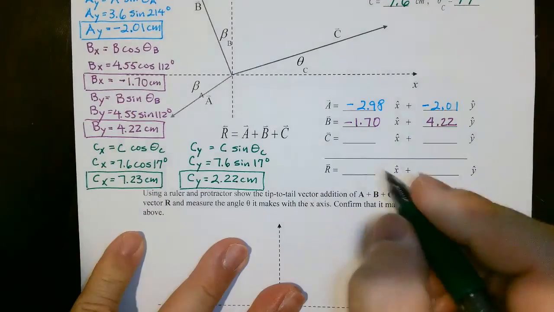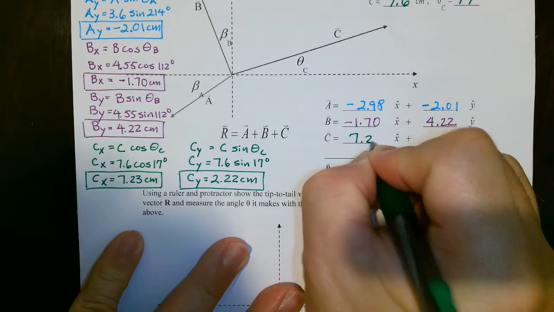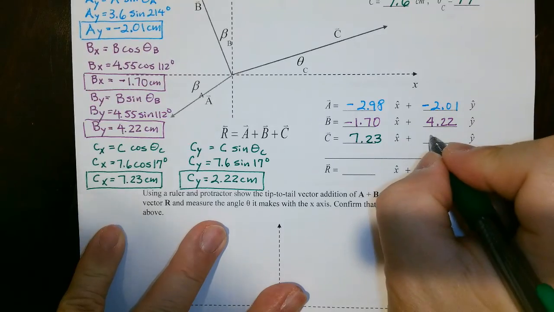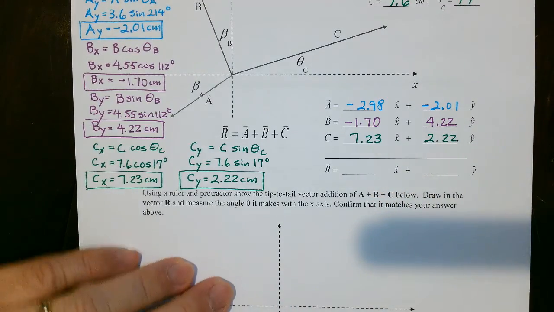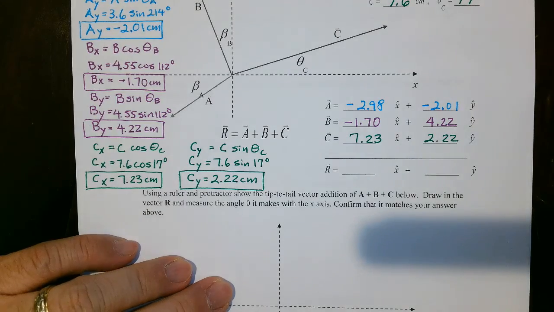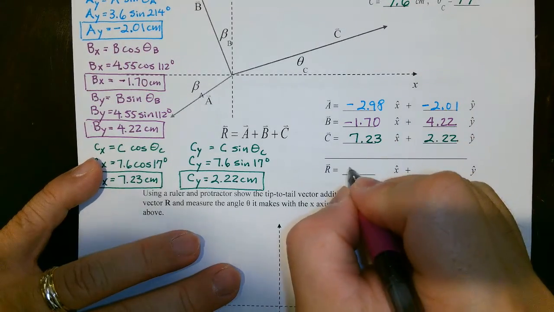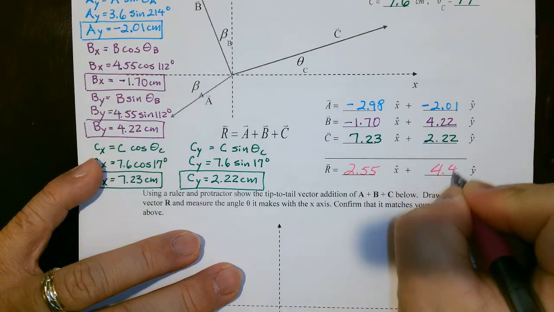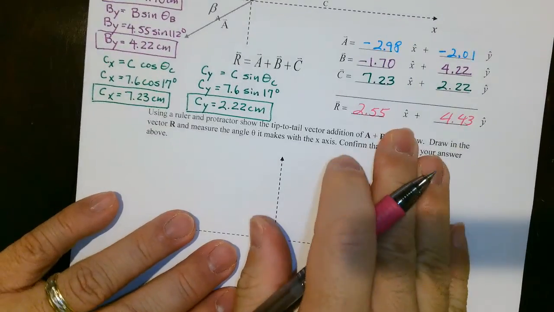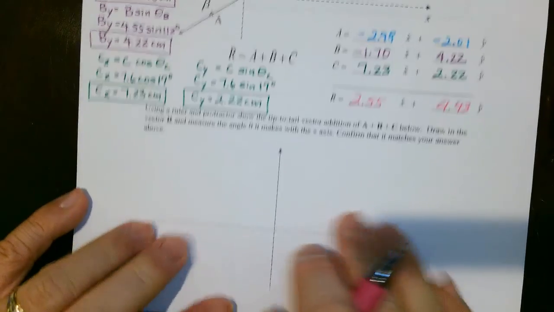And for C, it's 7.23 x hat and 2.22 y hat. So for the resultant, I think you should get like 2.55 x hat and 4.43 y hat. But we'll check that later after we draw this thing out.